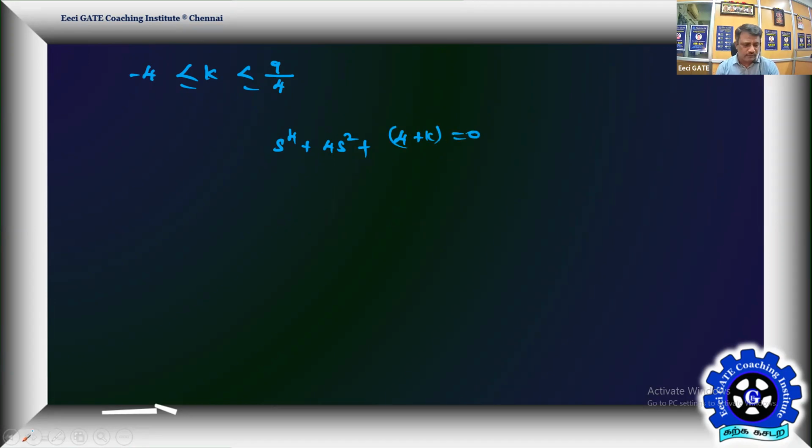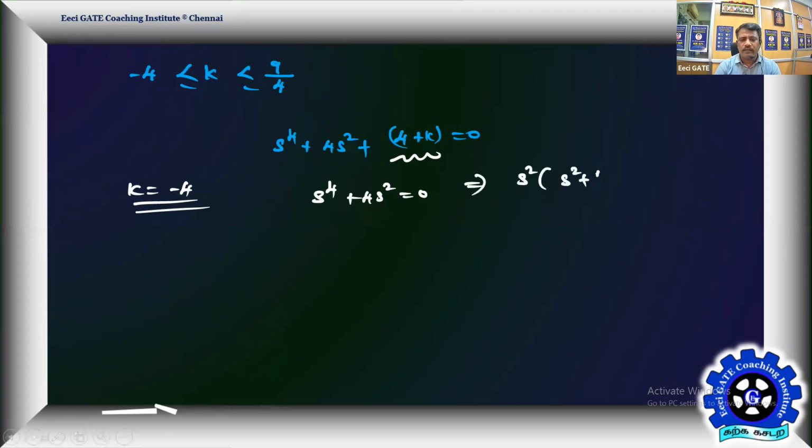Now in this, force k equal to minus 4. You got roughly the range, you are going for the confirmation. So let me force k equal to minus 4. K equal to minus 4 means this will vanish. You'll end up with s power 4 plus 4s square equal to 0. That means s square into s square plus 4 is equal to 0.